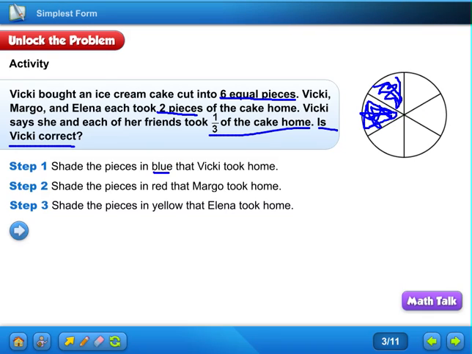Now we have red for Margot. 1 piece. 2 pieces. All right. And yellow for Elena. I know, my coloring is so beautiful. All right.